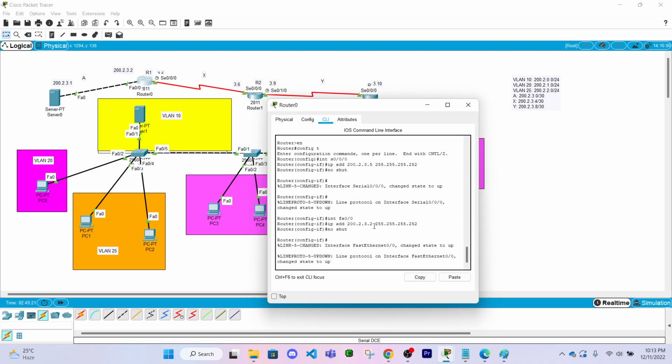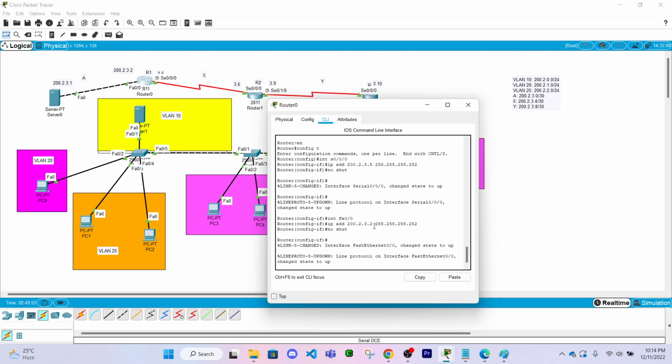I again say that when we configure the FA port, then we write the last valid host IP. How do we get the last valid host IP? From the IP range. The last IP is the broadcast IP, and the immediate IP before the broadcast IP is the last valid host IP.